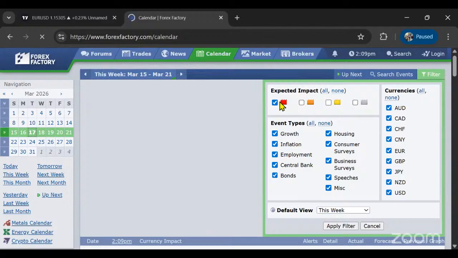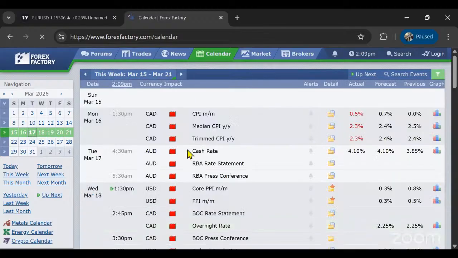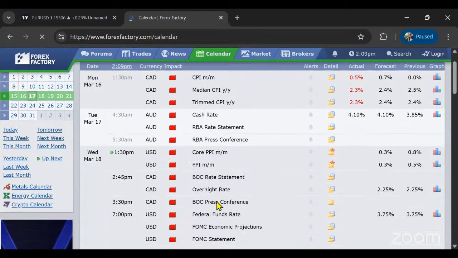Red folders are the important news, and that's the only news that we want to be checking. We are not interested in the other folders. So I'm going to click on apply filter here. Now, as you can see, Forex Factory is showing us only the red folders, because that is what we are interested in.